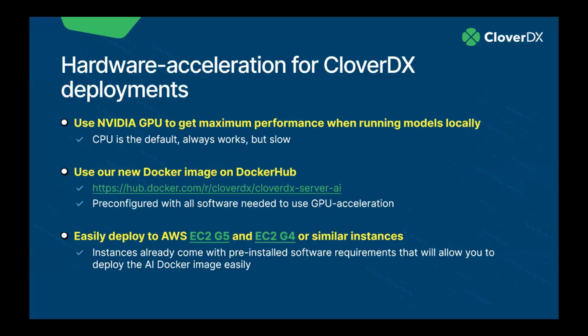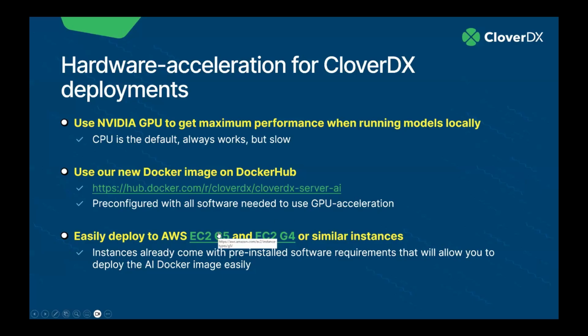To make this easier, we have created a new Docker image that's available on our Docker Hub account, and this image is pre-configured with all the dependencies so that you can take advantage of GPU acceleration for your machine learning workloads. So the only thing you need at that point is the hardware. And the easiest way to try that is to use machine learning instances that are available on AWS, the G5 or G4. They have everything that you need.